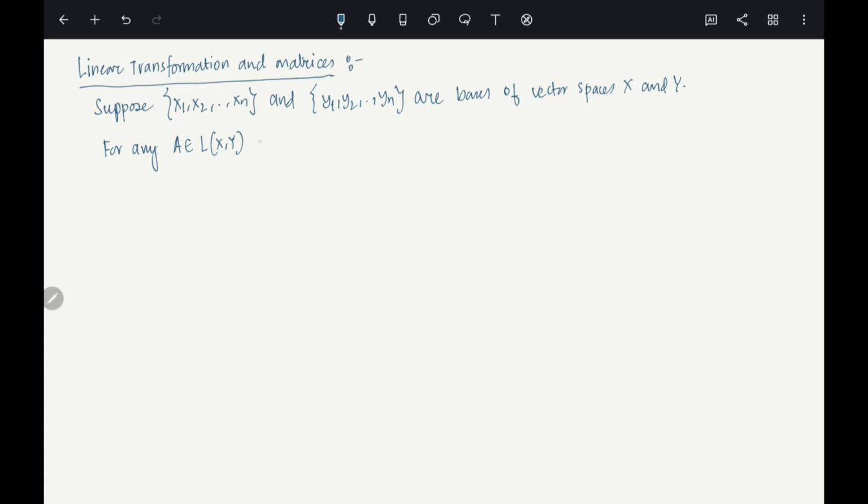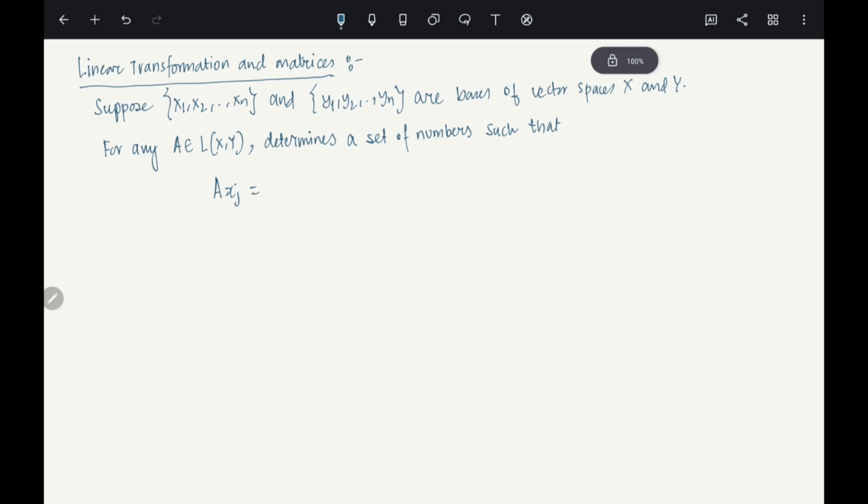For any A in this linear transformation, this determines a set of numbers such that A acting on xj is equal to something.